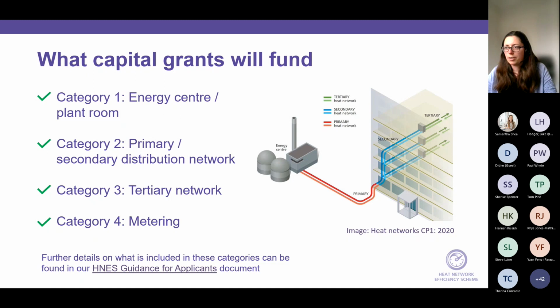I haven't gone into too much detail here about what's covered within each of those sections, because you can find a lot more detail in our guidance for applicants documents, which is available on the gov.uk website, and I would encourage all of you to go and read that document, because it has all the information that you and your clients need to be able to understand the scheme and to submit good quality applications. As Sam said, the slides will be available after the session. So there's a link to the document here, but it's on the gov.uk heat network site.